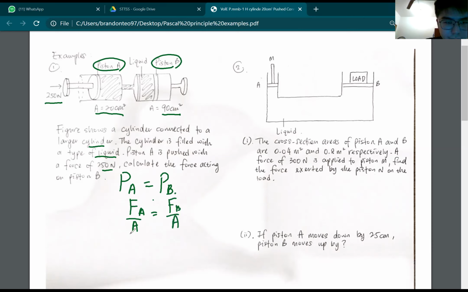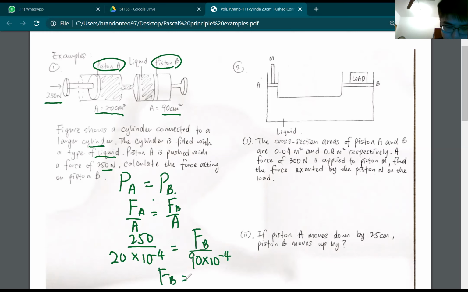Put in the values: 250, and the area 20 cm square you have to change to meter square, so times 10 to the power -4, equals FB divided by 90 times 10 to the power -4. So FB is 1125 N, a magnified force.